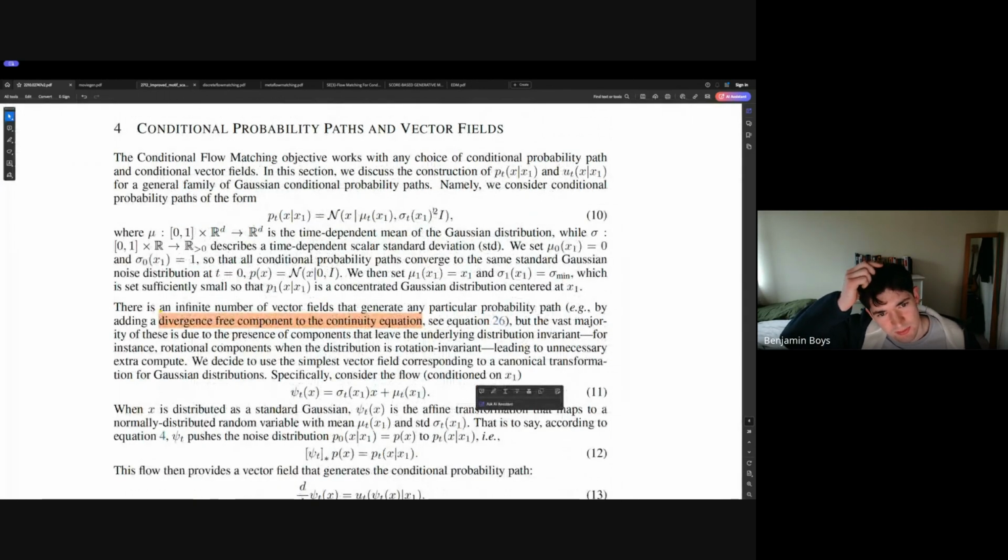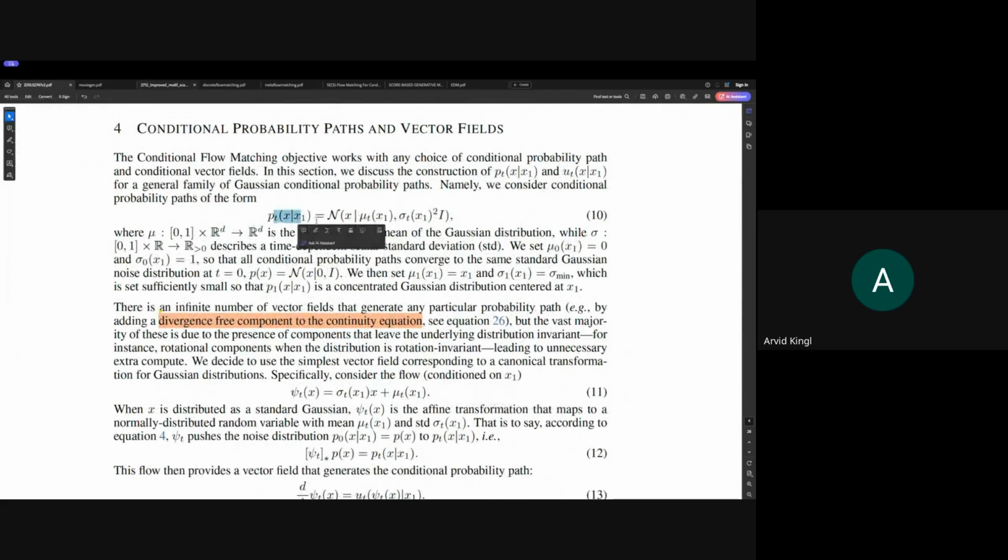Because diffusion also defines this. Yeah, exactly. But because it's Gaussian, we can do this. We have this equivalence between the ODE and the stochastic process, right? But that only works in this very specific case, no?